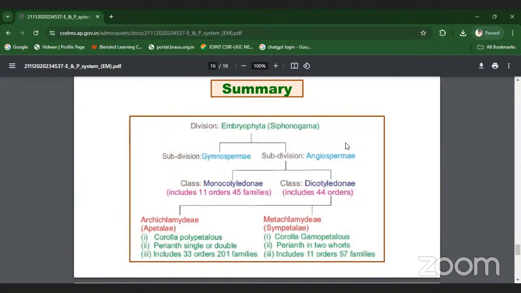Taxonomy: the Hutchinson concept. First, let's see the Hutchinson system of classification and its merits and demerits. John Hutchinson from England proposed a system of classification. This classification is also based on Bessey.